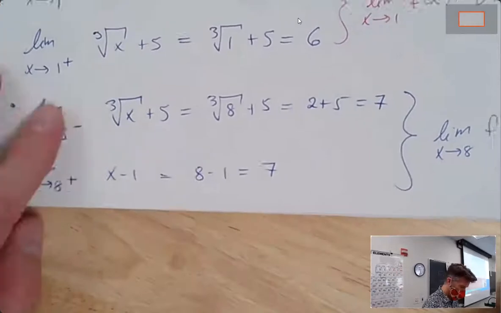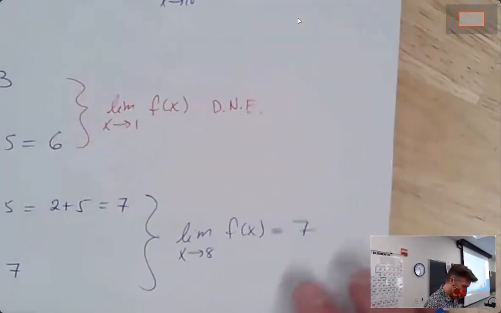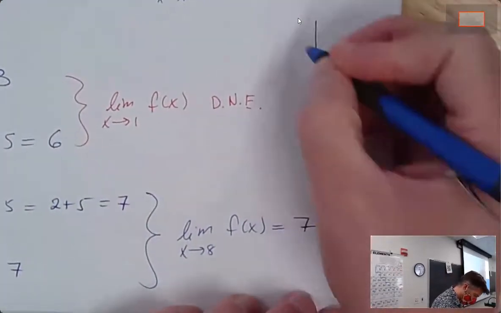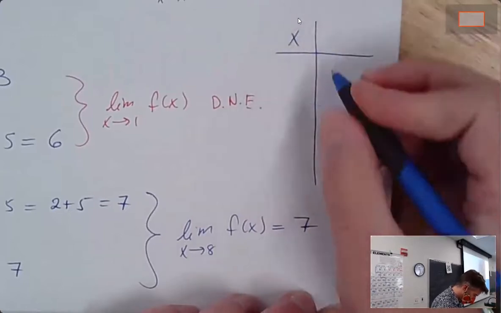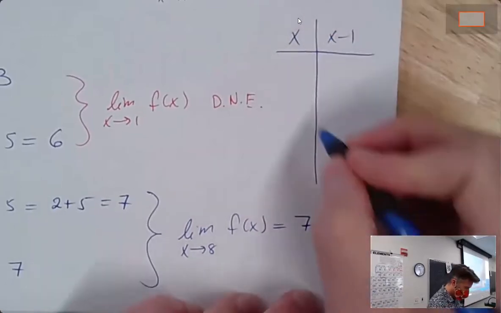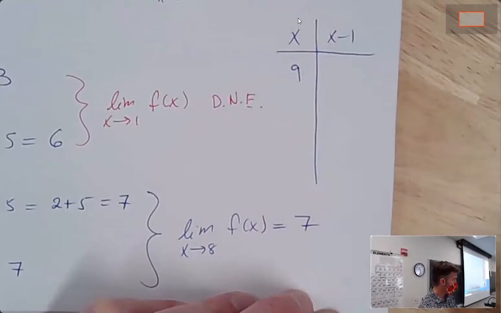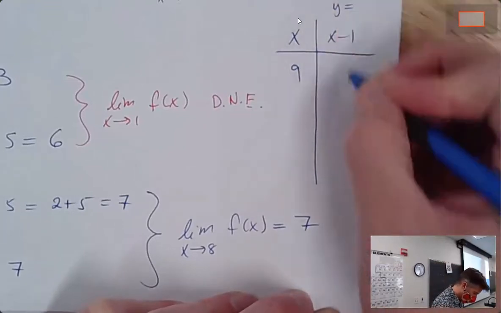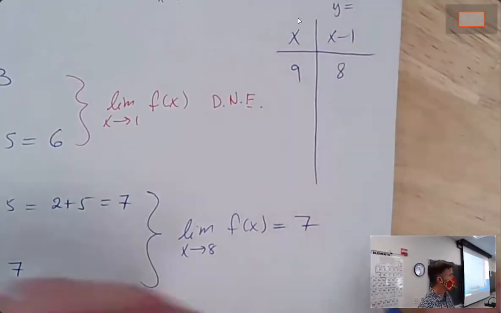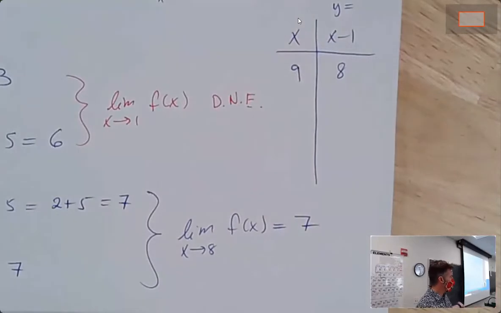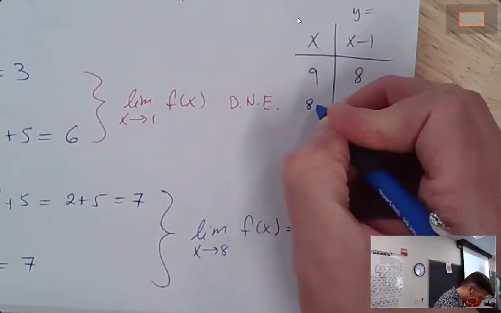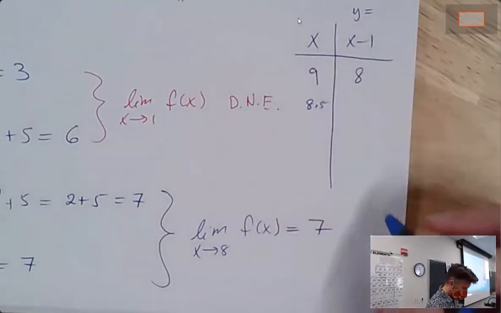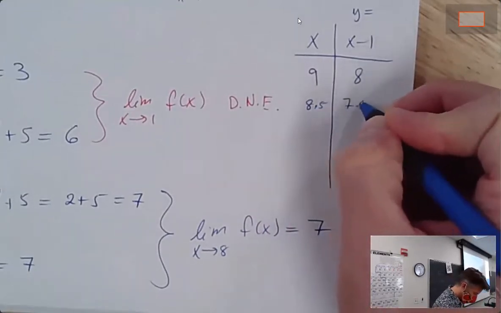Let's make a little table over here. So if x is 9, the y value is going to be 8. But x can be closer to 8 than 9, right? We can pick something closer for sure, like maybe 8.5. Then y is going to be 7.5.